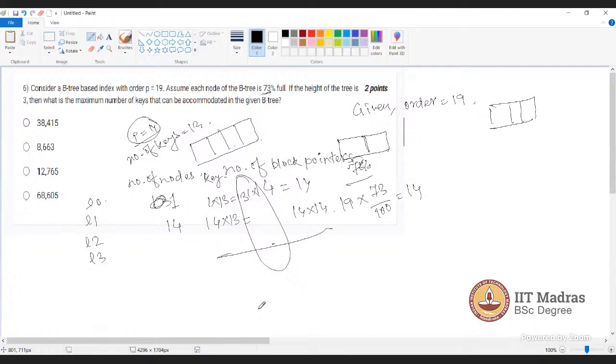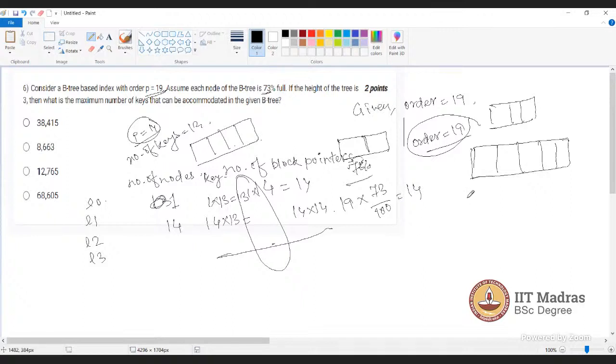Can you please repeat it from the beginning? Yeah. So here in the question given, the original order is 19, right? So how many block pointers are there in order P B tree? It's 19. In the question it is given that on an average each node is 73% full.